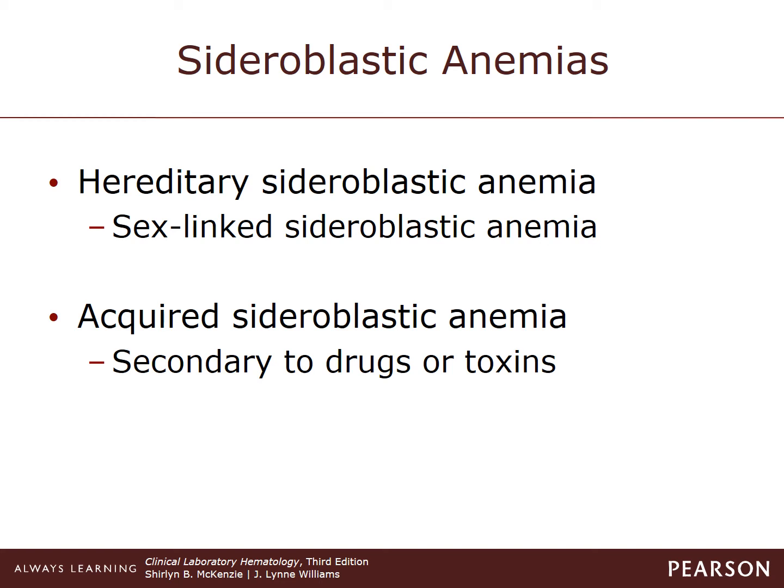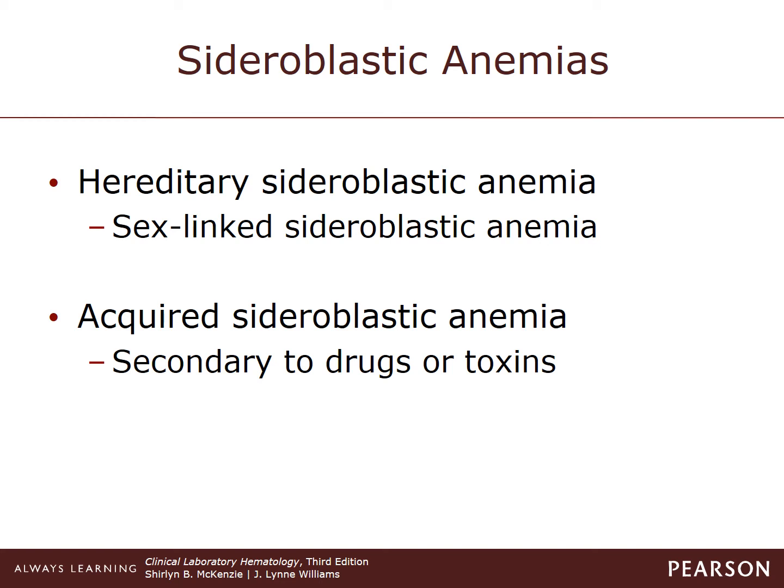Lead poisoning or plumbism in children usually results from the ingestion of lead paint, and in adults, usually from the inhalation of lead or lead compounds from industrial processes. You can also have an acquired sideroblastic anemia due to alcoholism.